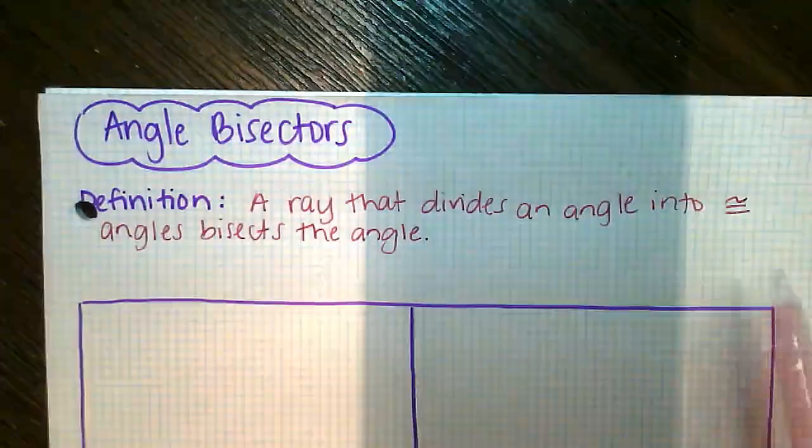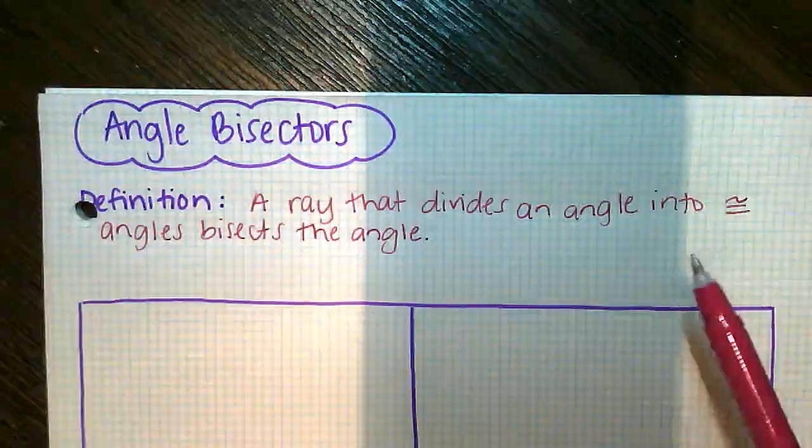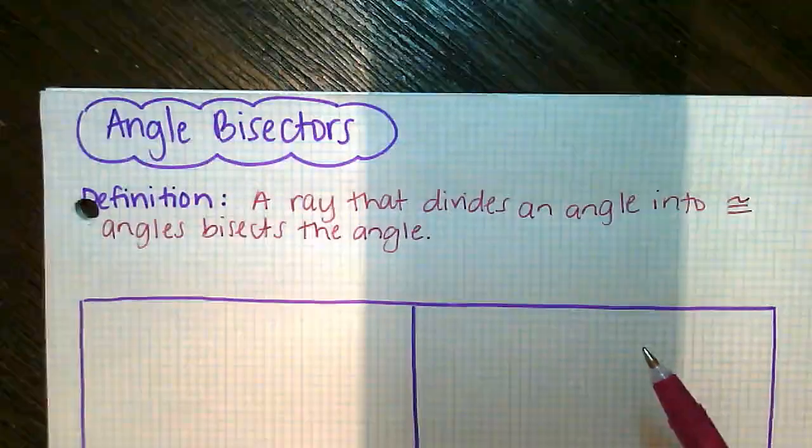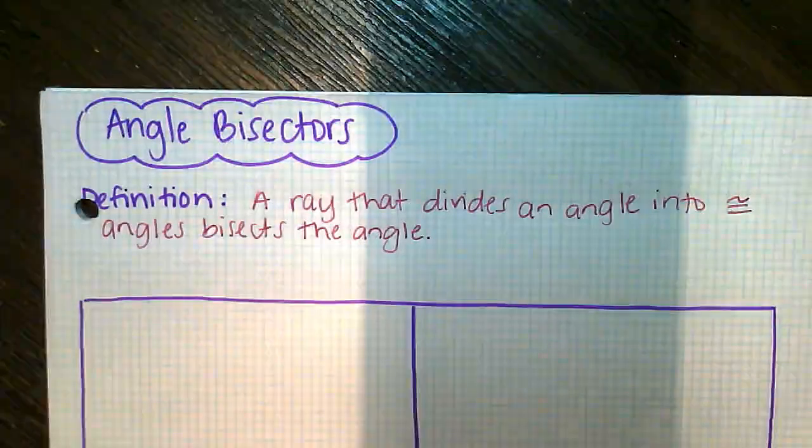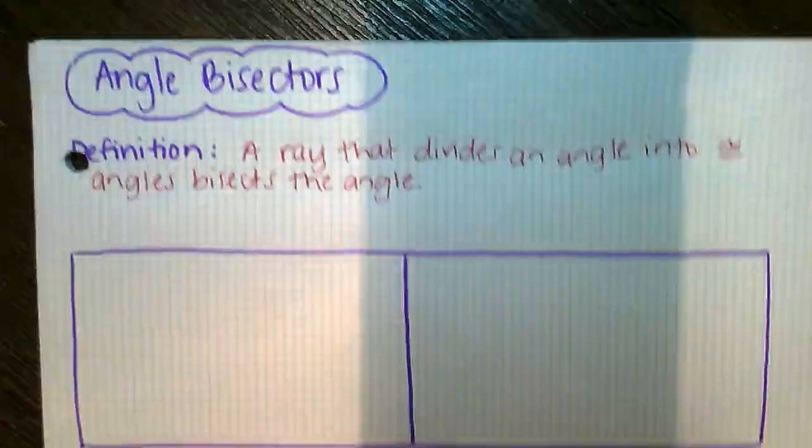And that ray that's dividing it or bisecting it, that's actually called the bisector of the angle. So we'll illustrate that in the two examples below. Okay, so get that definition in.